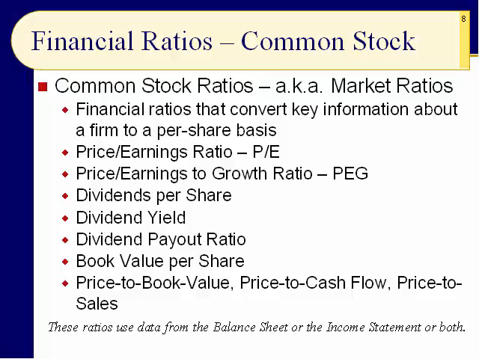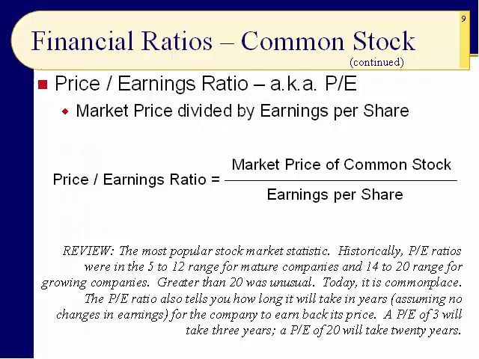It's the same idea, but just different numbers, different statistics that we're looking at. So let's take a look at PE, price to earnings ratio, folks. This is the most popular stock market statistic, and we remember that historically PE ratios were 5 to 12, 14 to 20 for growing companies.